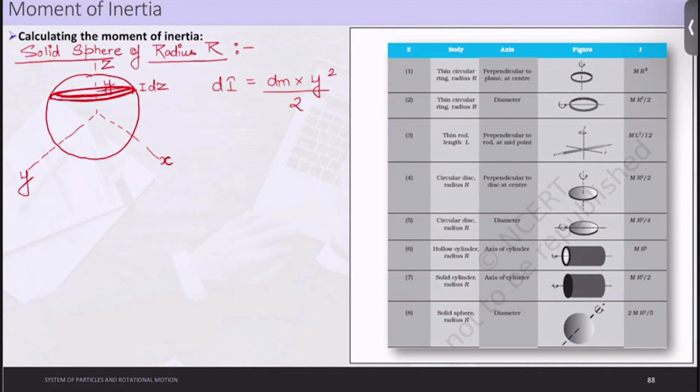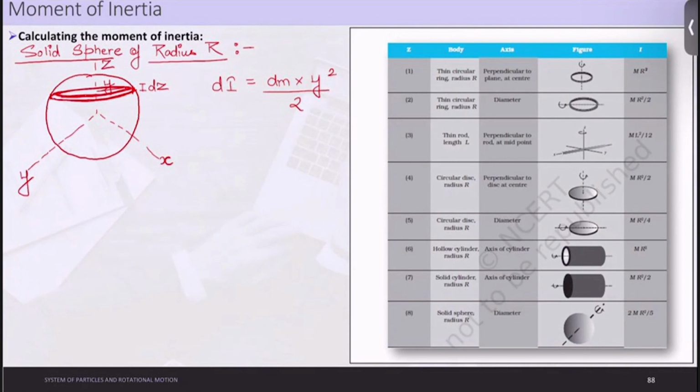So I just wrote mr square by 2 here. Fine. So the first understanding of dI is clear to you. This is the infinitesimal moment of inertia of a circular disc which is being used to calculate the moment of inertia of a solid sphere. Clear? Now let us move forward.